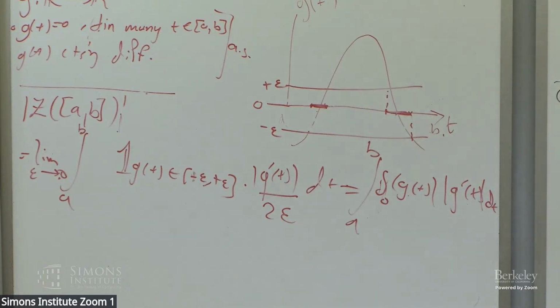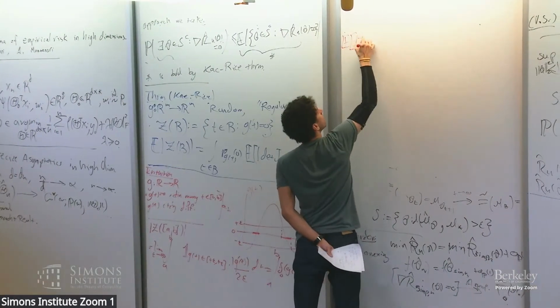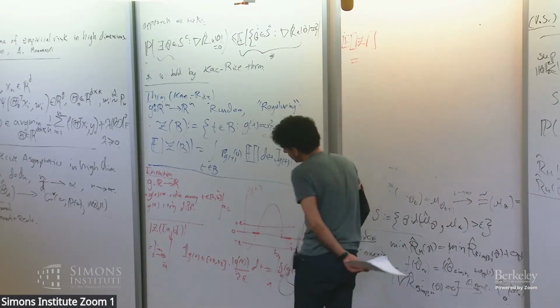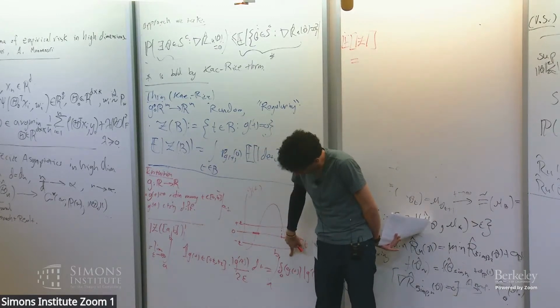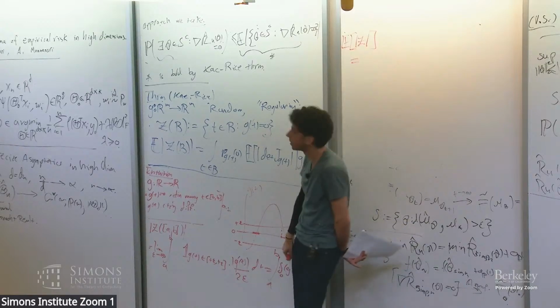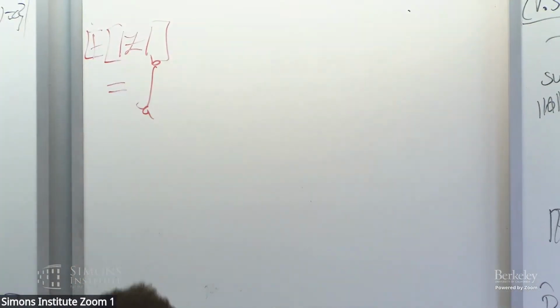So now I'm left with taking expectations of the left-hand side. I'm going to assume I have enough regularity to push my expectations into this integral. What is this expectation over?